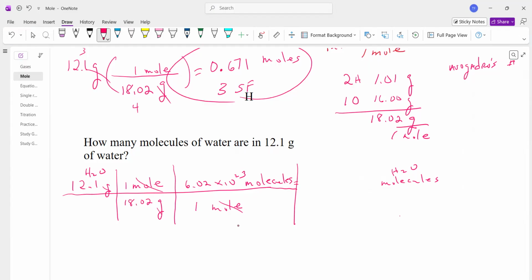I'm looking at 3, 4, 3 sig figs. So answer is going to be 3 sig figs. So 4.04 times 10 to the 23rd molecules of water.